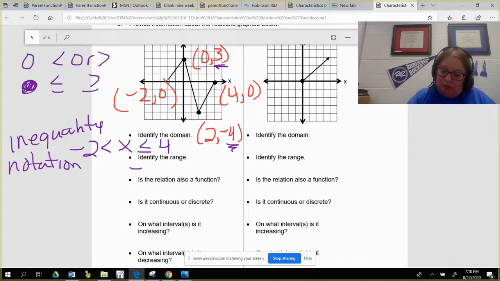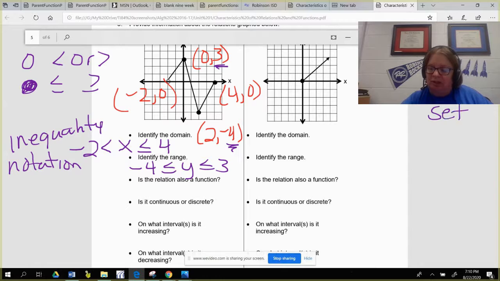So the range is going to be -4 less than or equal to y less than or equal to 3. Okay, that is inequality notation. We're going to learn inequality notation and interval notation and set notation. Today we're working with inequality.